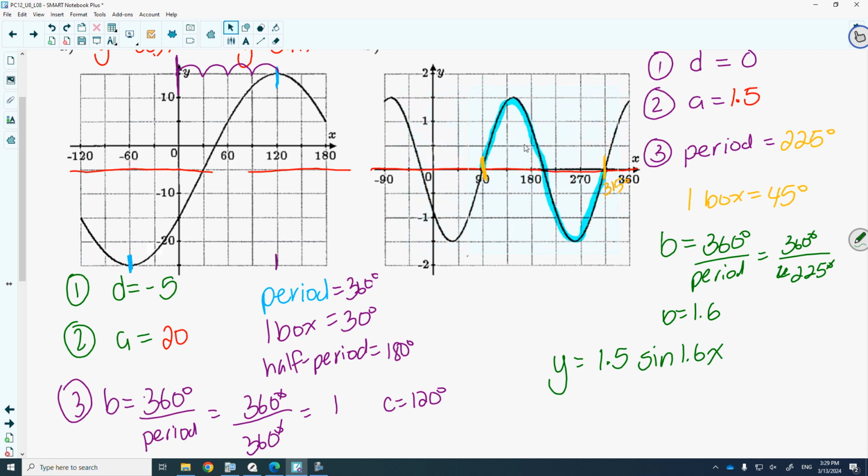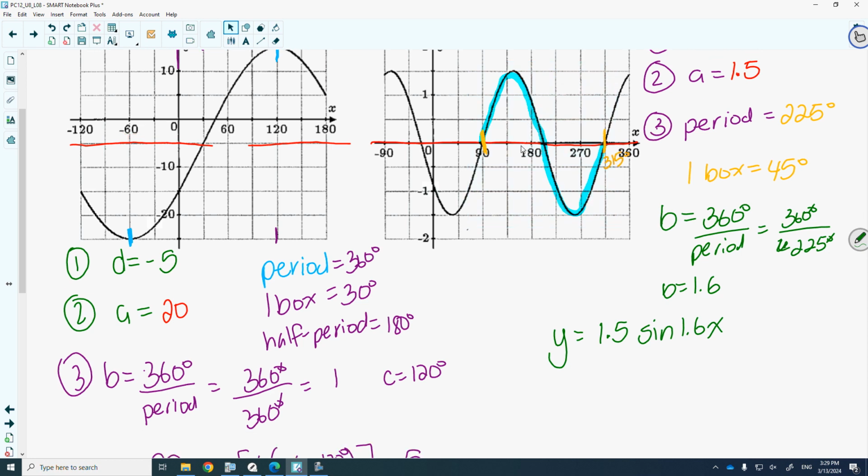Each box is worth 45 degrees, so the phase shift is 90 degrees. C is equal to 90 degrees. So the equation would be 1.5 sine, put your B value in, x minus 90 degrees, plus 0, I don't need.